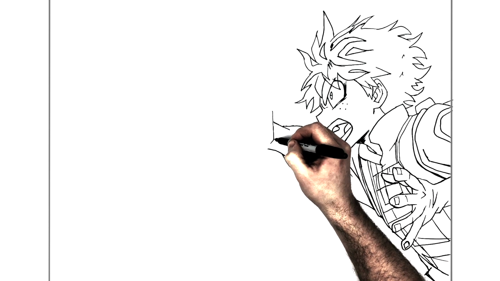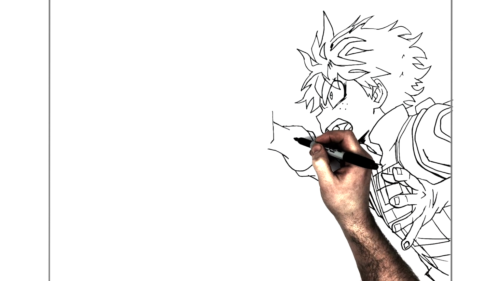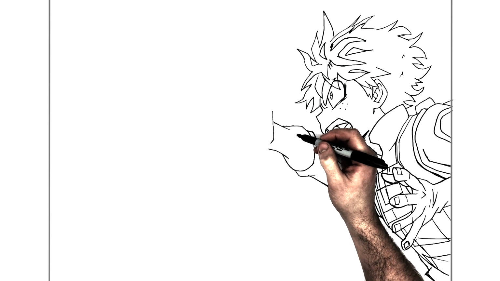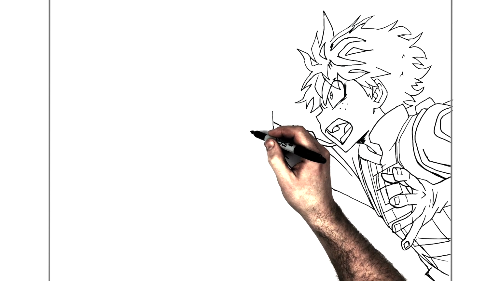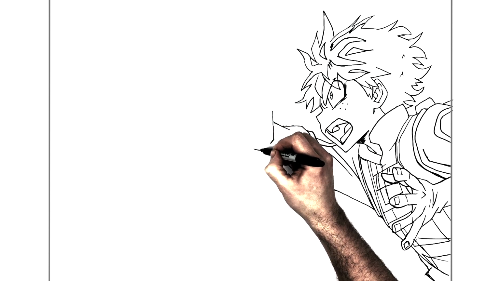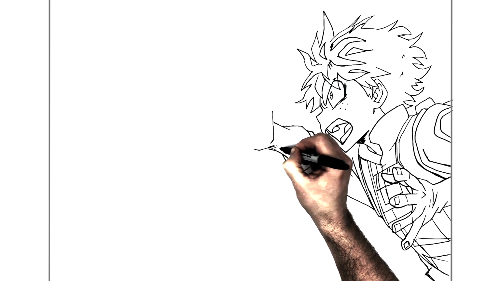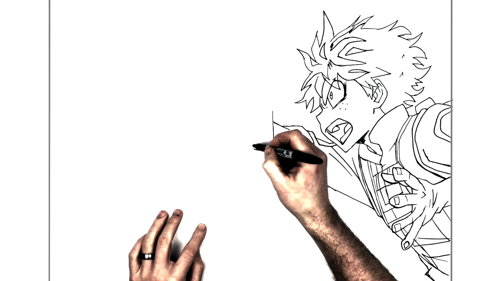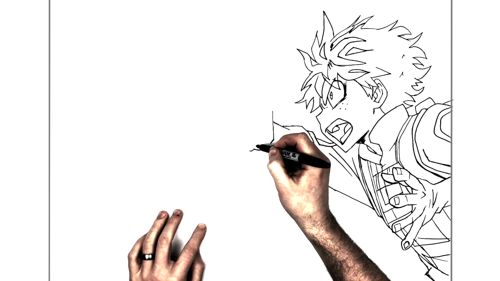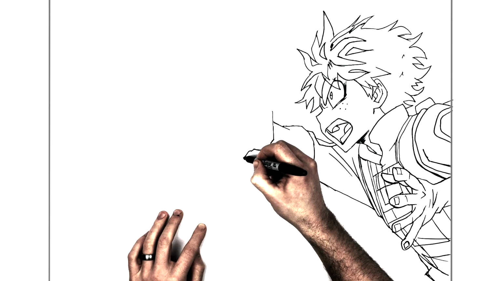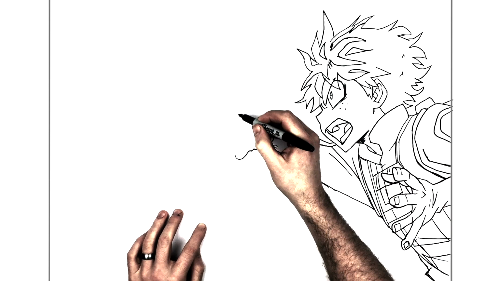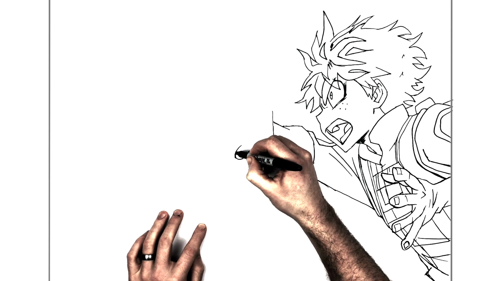And it comes down and into here. And then the bottom of his hand here. Some hatching just there. And of course this goes into his thumb, so it goes around his thumb.